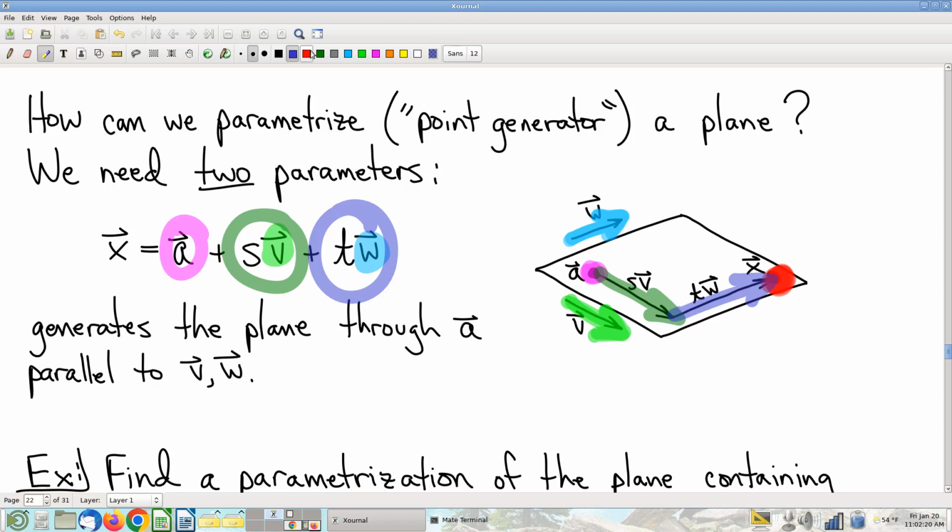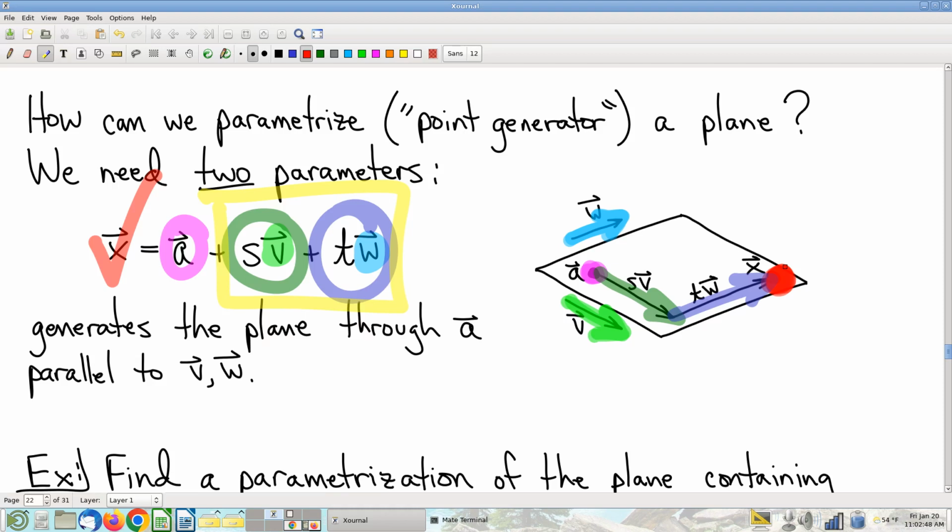The argument I'm going to make is that these two terms allow me to move however far I need to in one direction, and however far I need to move in the other direction. And so you can get anywhere you need to get. If I need to get to this point over here in the plane, fine. Some appropriate multiple of V plus some appropriate multiple of W added to the original point A, and you're there.